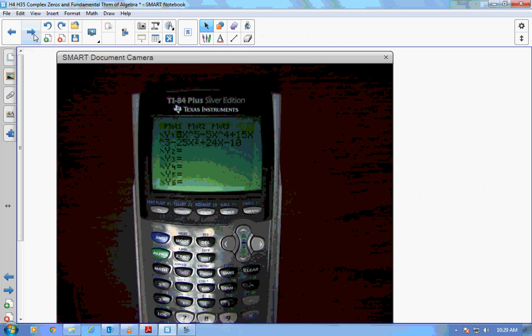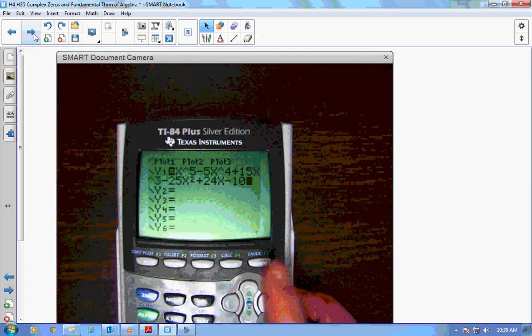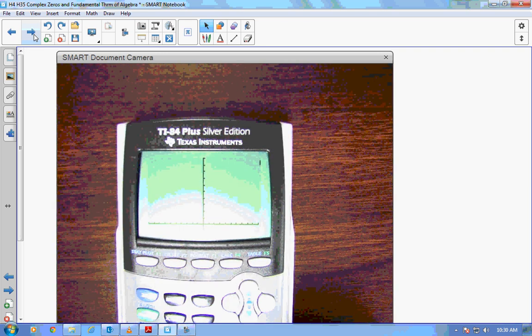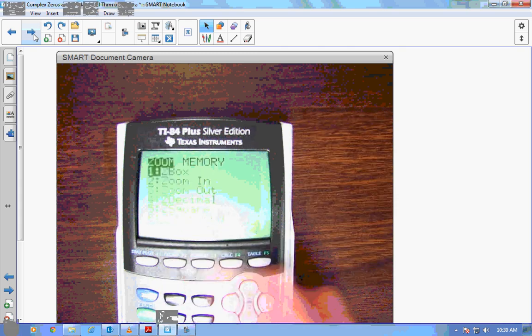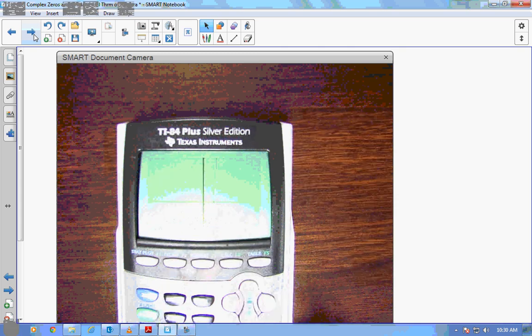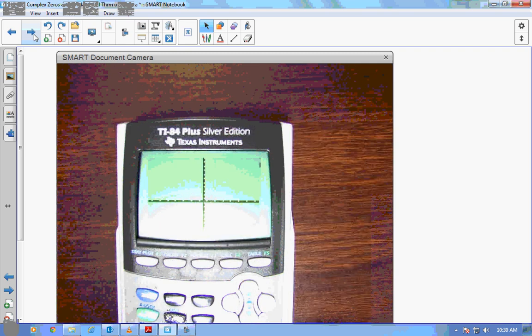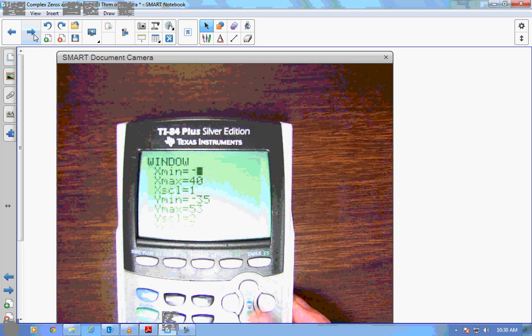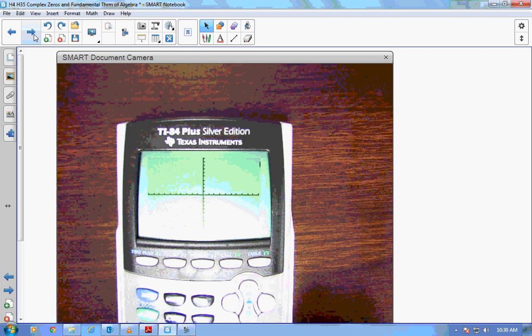Okay, so there's mine typed in. Let's hit graph. We might have to change our window to see it all. Yep, definitely need to change our window. Let me play with the window for a minute, and then I'll tell you what to change it to. I'll put negative 10, positive 10, negative 20, positive 20, counting by 2s. Let's see if that works.